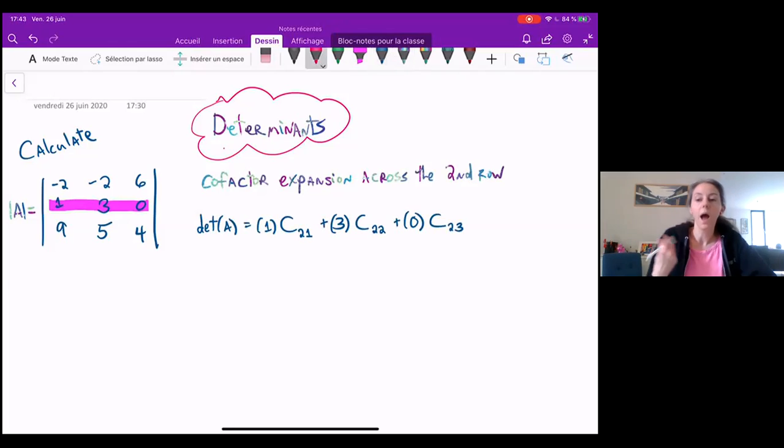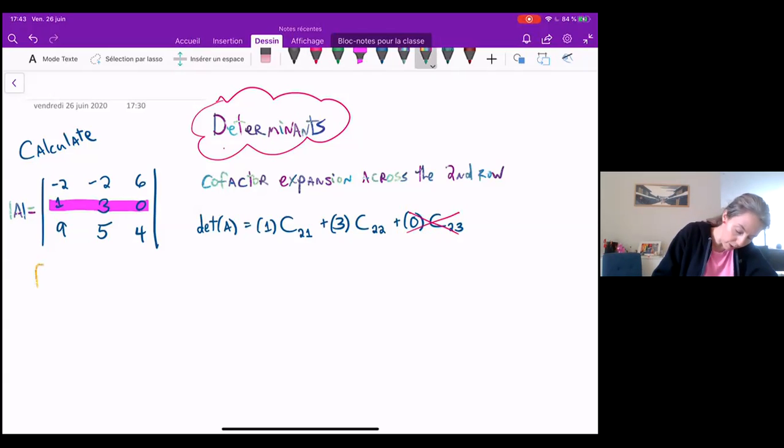So you see, I'm multiplying that third cofactor by 0, so I don't actually have to calculate that cofactor. That's why it's so important to pick the row or the column that has the most zeros, because it eliminates so much of the number of cofactors that we're having to calculate.